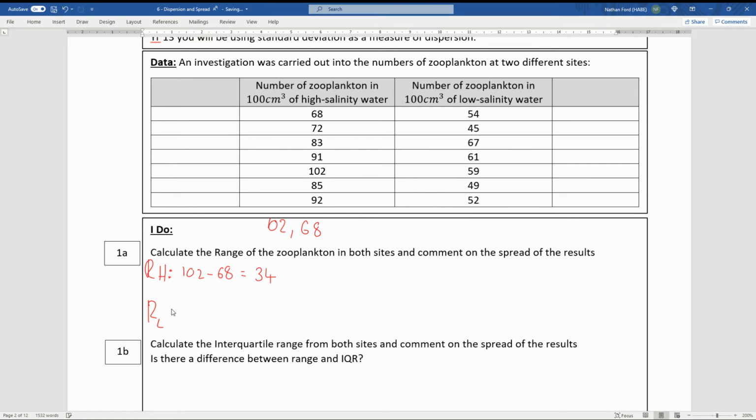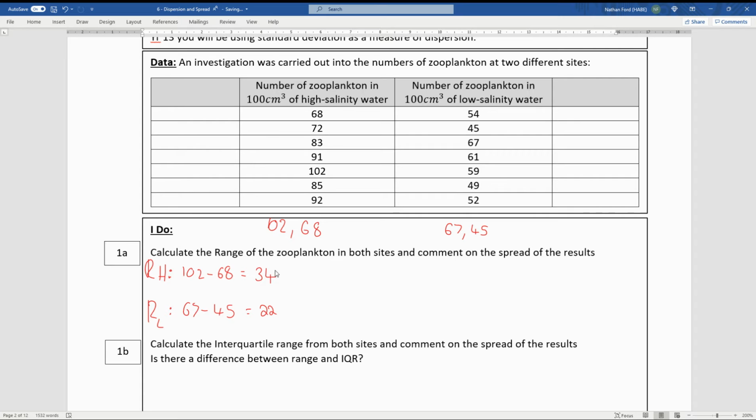For the low salinity water, we have the highest value being 67 and the lowest value being 45. So our range would be the highest minus the smallest, which is 67 minus 45, and that gives us a range of 22.